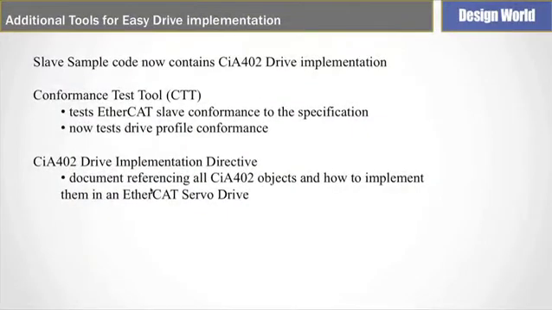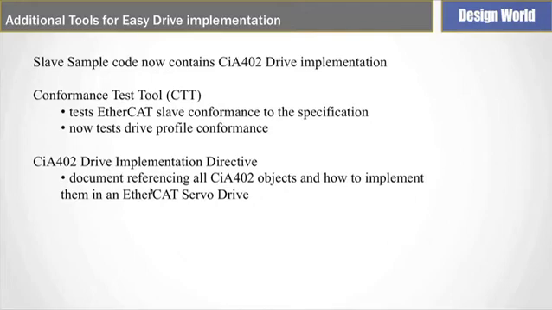For manufacturers of drives and for those who are benefiting from buying off-the-shelf drives, the ability to develop drives is very streamlined, in that the slave sample code now contains the CiA 402 drive implementation and examples thereof. Also, the conformance test tool from the ETG for validating conformance to the EtherCAT specification also has the ability to test that implementation of a CiA 402 drive.